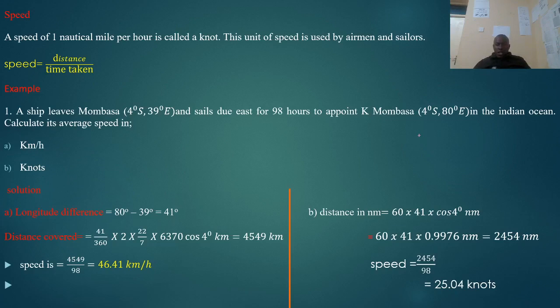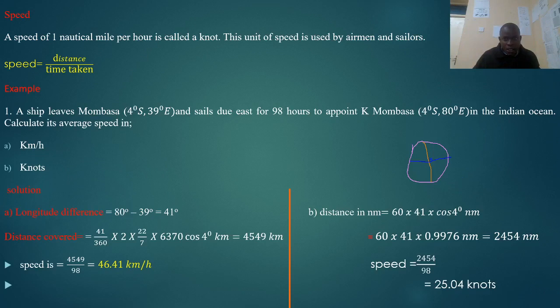If I sketch, I should make a better sketch. Here is the Greenwich Meridian. This is the equator.